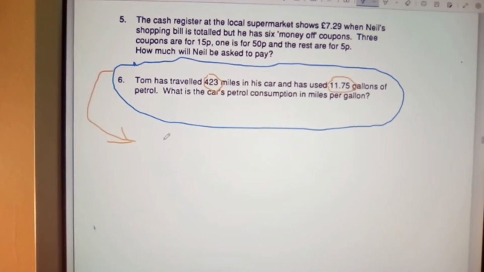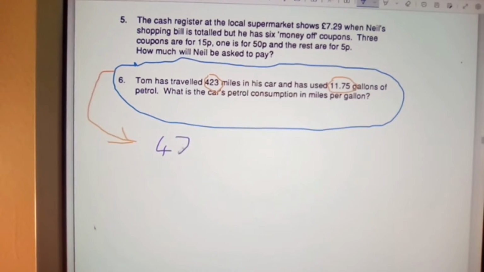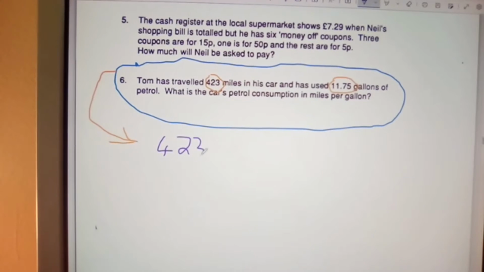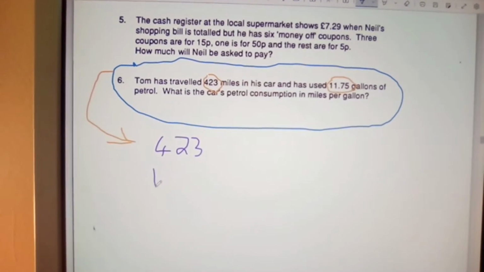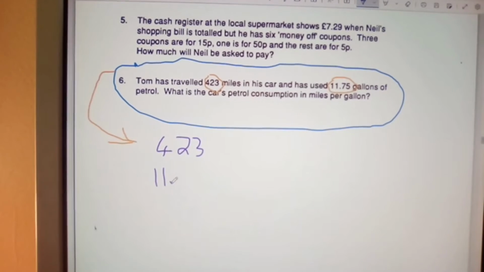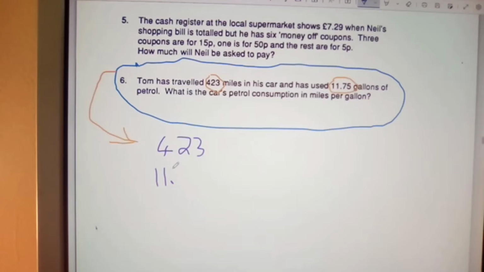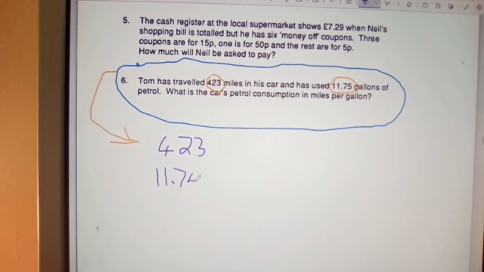We have 423 miles, and we have 11.75 gallons.